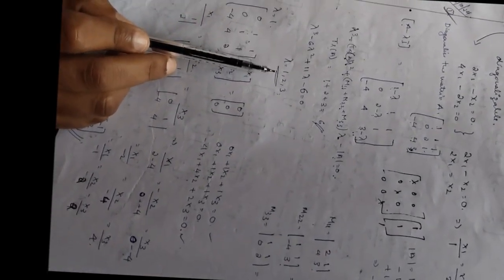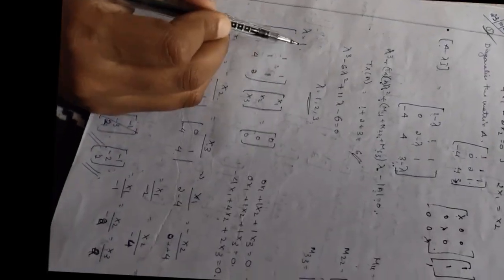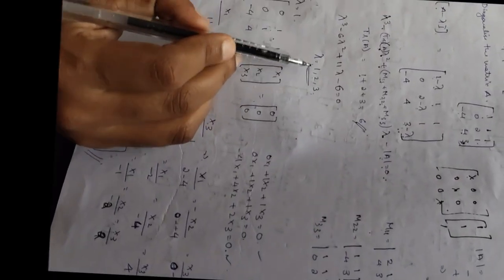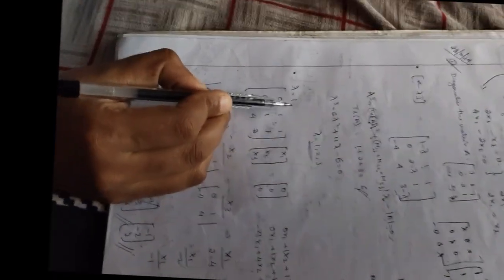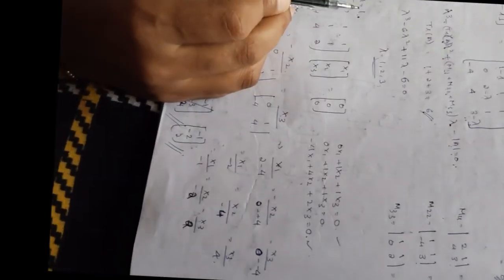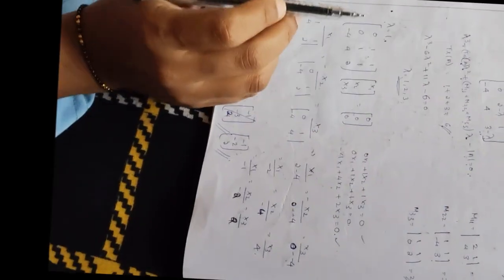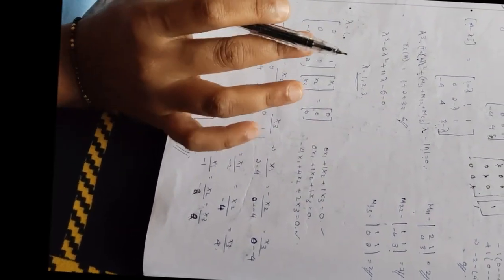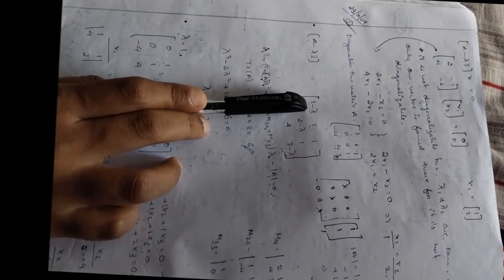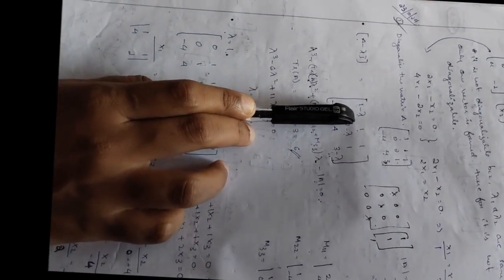Then the next step is substituting each value of lambda. First, lambda equal to 1. When substituting lambda equal to 1 in the matrix A minus lambda I, the matrix will be 1 minus 1, which is 0.